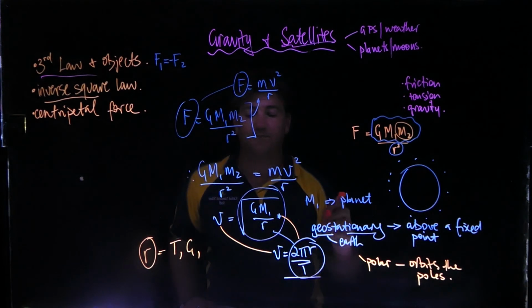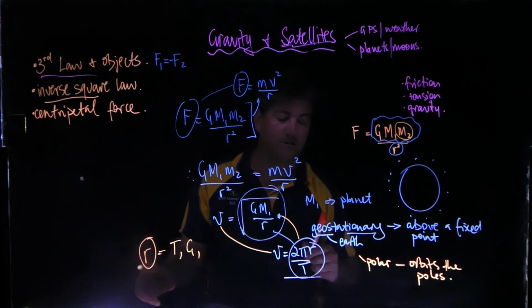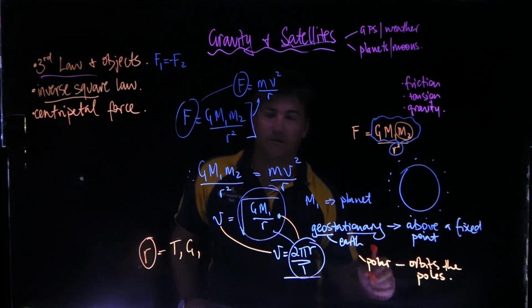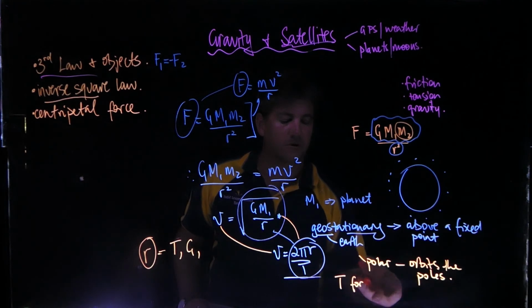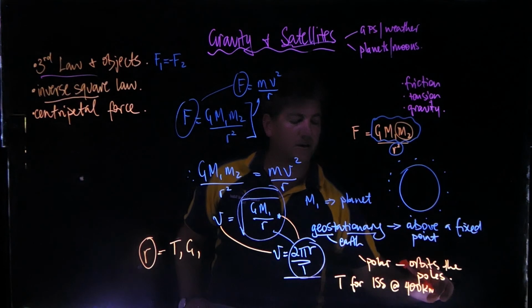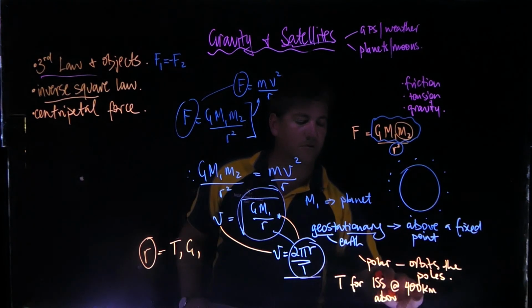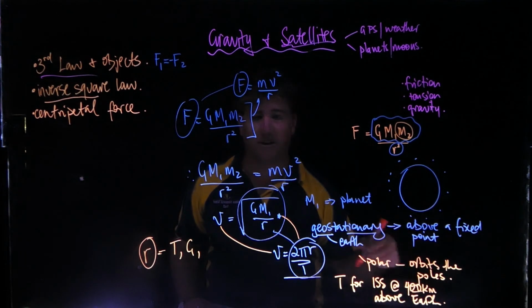Alright, two things I want you to do now. Come up with the expression for the geostationary satellite, and then use that to tell me the orbital period for the ISS, which is about 400 km above Earth. The radius isn't 400 km, the radius is going to be 400 km above Earth.